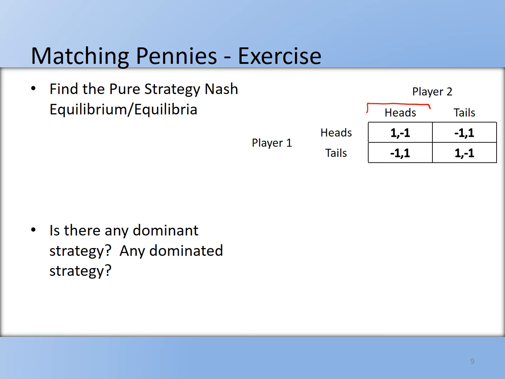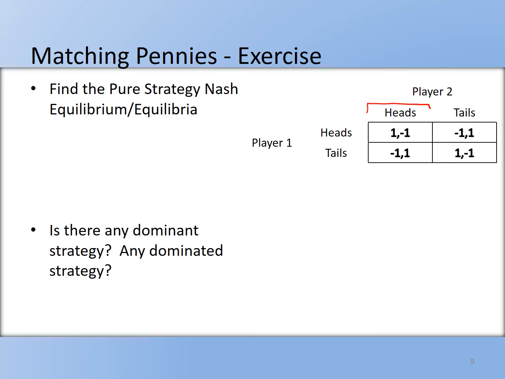Now this game is called matching pennies because player 1 and player 2 are supposed to be playing a game where each one of them puts forward a side of the coin, the penny. Player 1 wins by matching the side of player 2, but player 2 wins by mismatching the side of player 1.